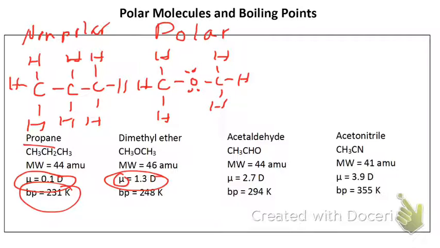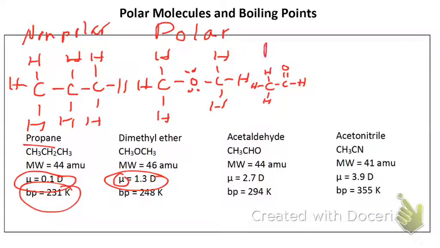All right, and then let's look at the next one here, which is going to be CH, H, H, and then C double bond O, H, like this. So that's what this aldehyde is going to look like.